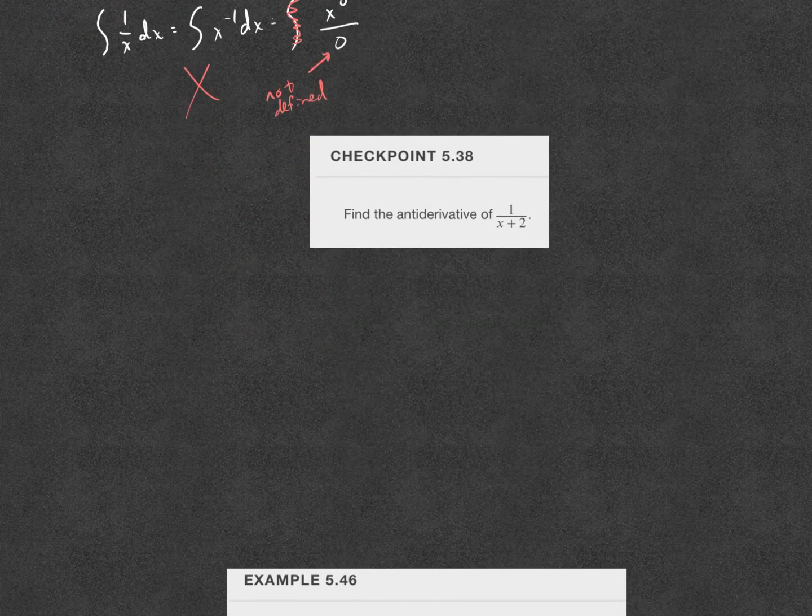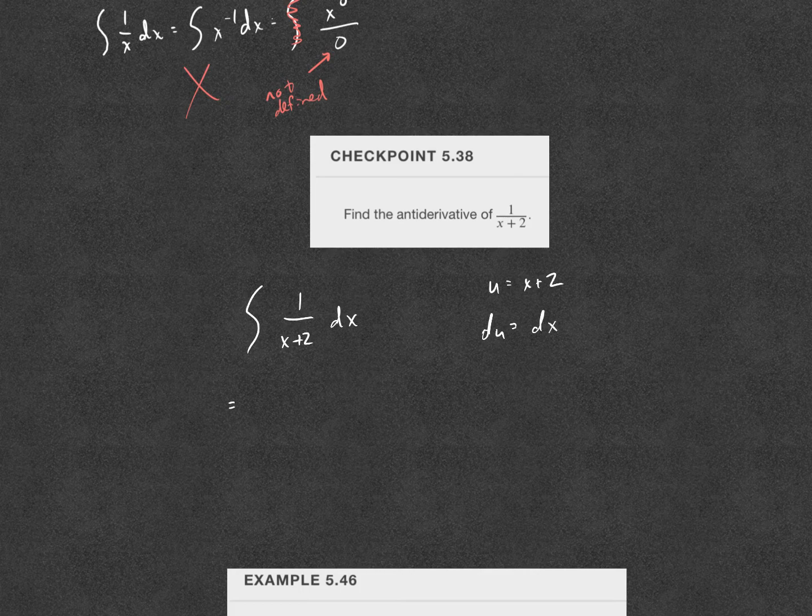Okay, so here we go. Find the antiderivative of 1 over x plus 2. So this is the integral of 1 over x plus 2 dx. We're going to make a little u substitution. u is equal to the denominator, u is equal to x plus 2. du is equal to the derivative of x, which is 1, and the derivative of 2 is 0, so du is just dx.